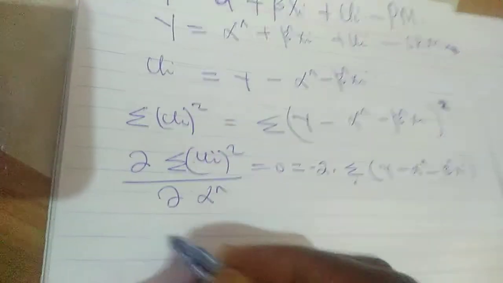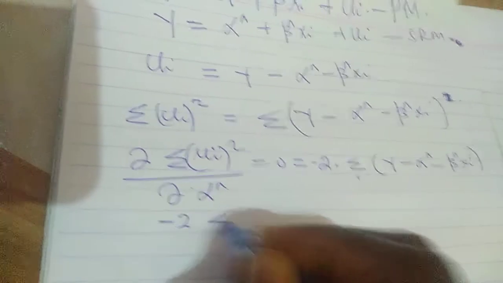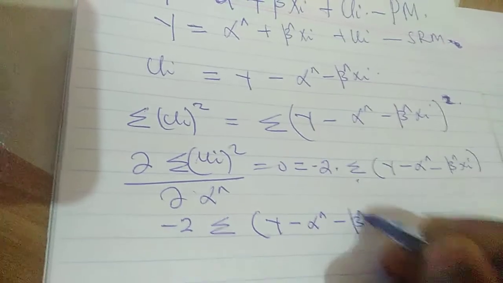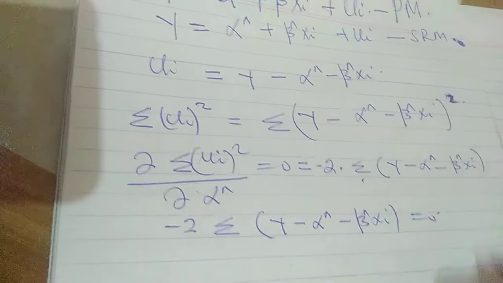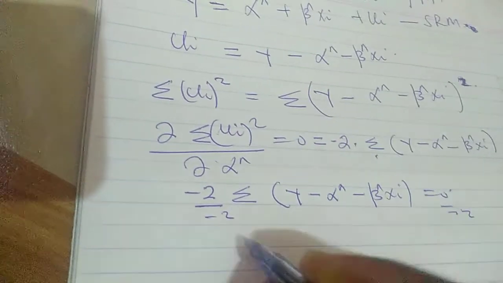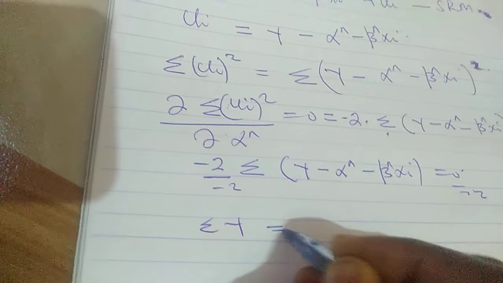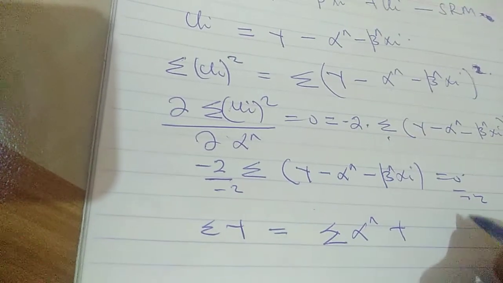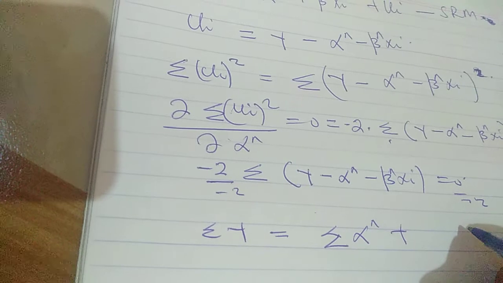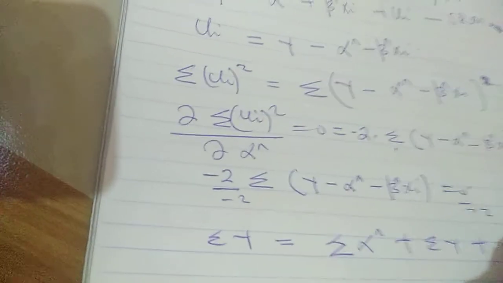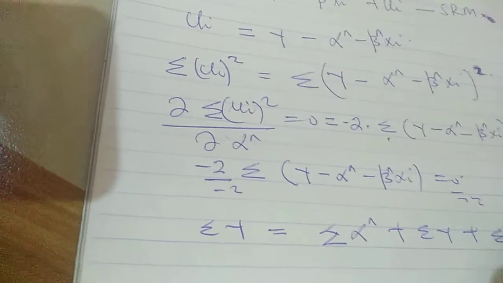I have negative 2 times the sum of y minus alpha hat minus beta hat xi, which is equal to 0. Now, I divide by negative 2 on both sides. I remain with the sum y, which is equal to the sum of alpha hat plus the sum of beta hat xi.